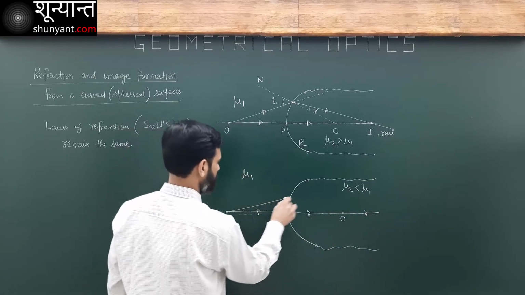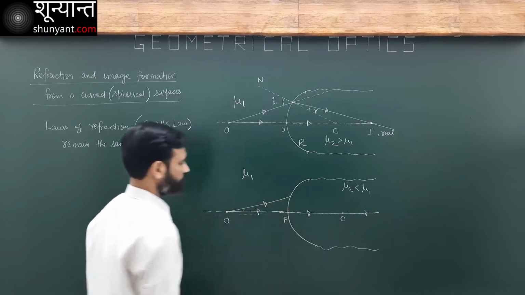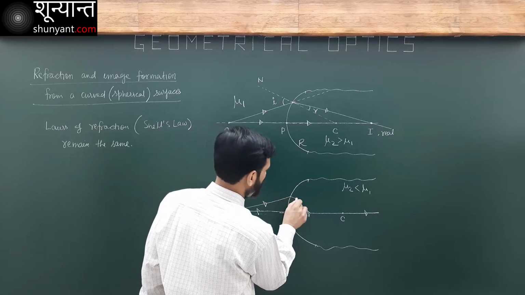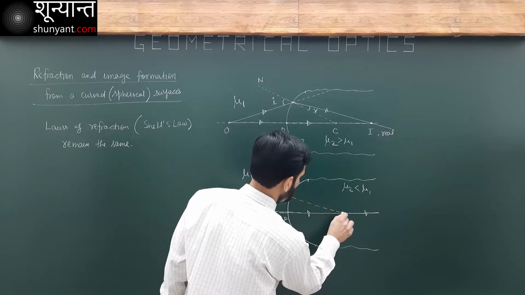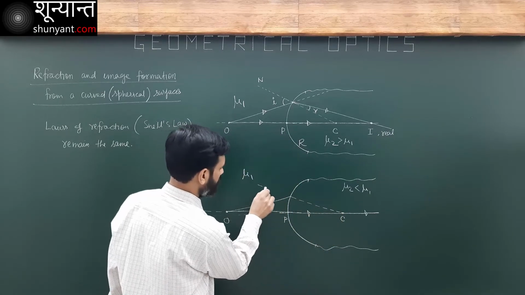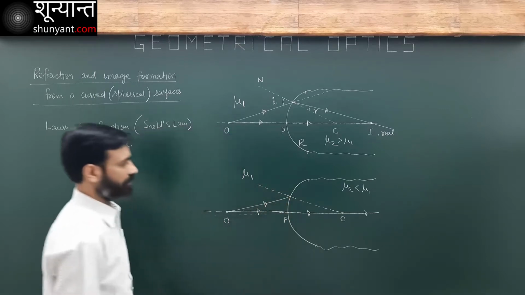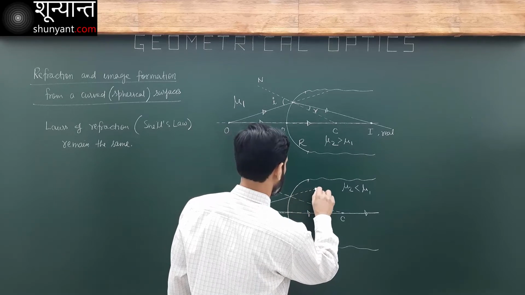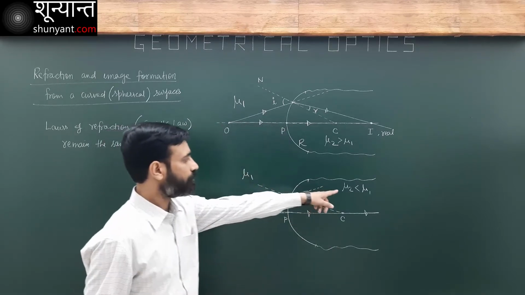Now I need one other. Let's say that this is the second light ray. At the point of incidence, I will draw the normal here. This is the normal. This is the original path. Now this mu2 is less than mu1.